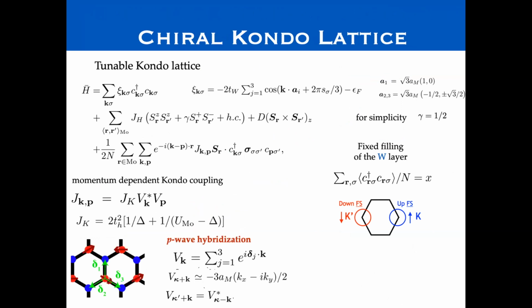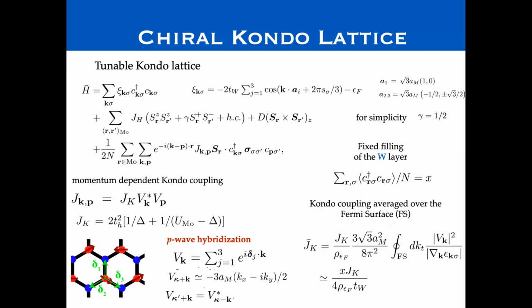Why does this happen? So this is actually how I got really interested in this problem. So basically, you have this Kondo coupling. It's a product of these two hybridization functions. And because of the structure of one side having to hybridize with a triangle, you get a p-wave hybridization when you expand this near K or K prime. And this nodal hybridization is pretty non-trivial.